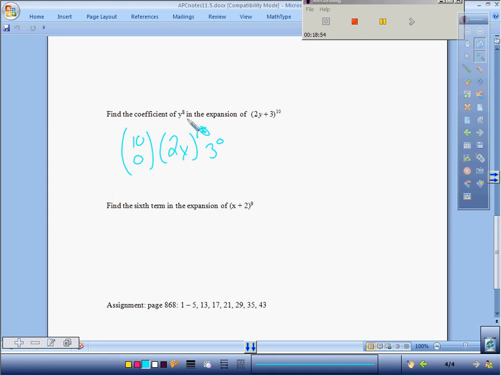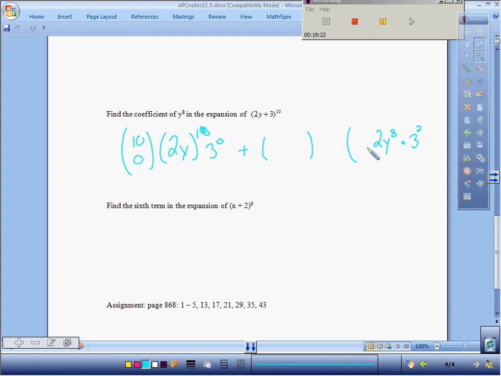They want when y is to the 8th, right? So the next one you have 2y to the 8th, right? And this 3 would be to the what? To the 2, because these two things have to add up to 10.